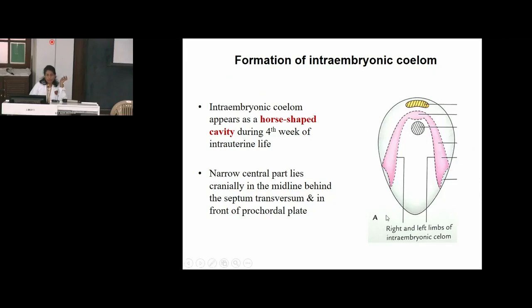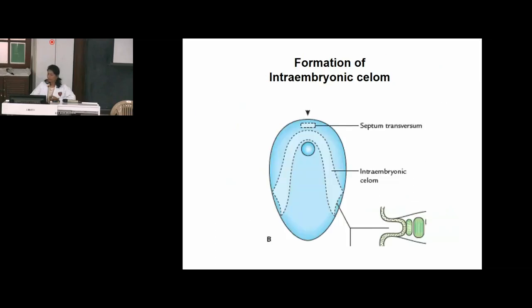These two limbs are also named the coelomic ducts. Anterior to the cranial fused part of the coelom, we are getting the septum transversum. This cranial most fused part anterior to the precaudal plate is forming the pericardial cavity.